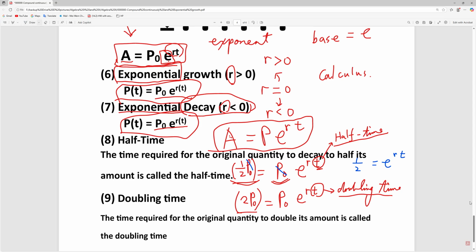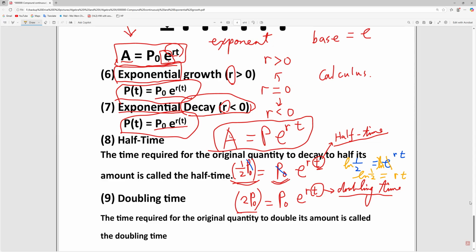And how do I solve for T? I put the ln. I put the ln. So ln, and the e is gone. Now what do I have? I have RT equals ln half.